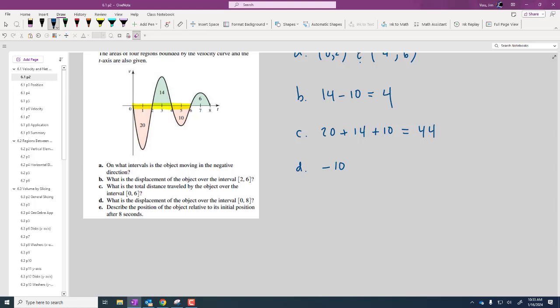That's all we can say, because we don't know the exact position when we started. So all we can say is 10 units left of the initial position.